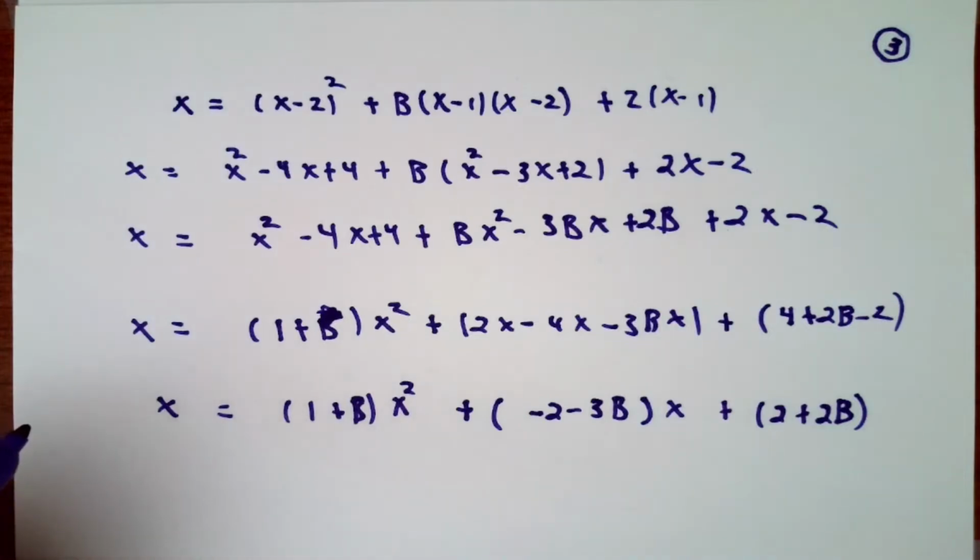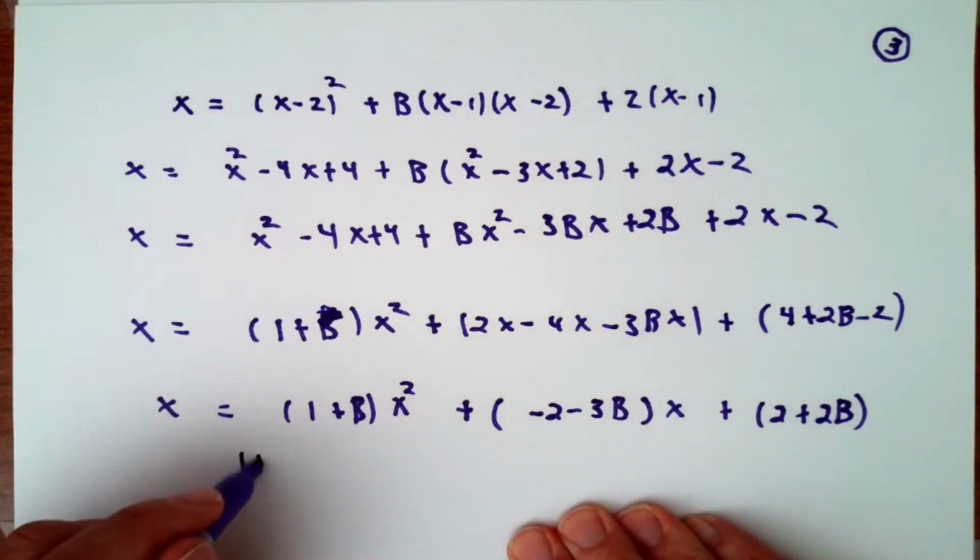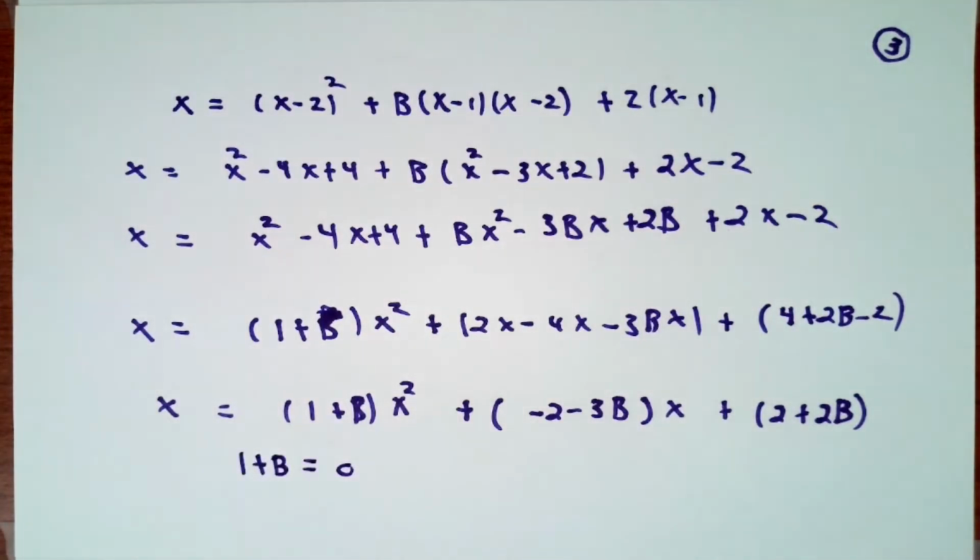1 plus B has to be 0 because there's no x squared term on the left-hand side. On the other hand, negative 2 minus 3B is the coefficient of the x term, and over on the left, the coefficient of the x term is 1.